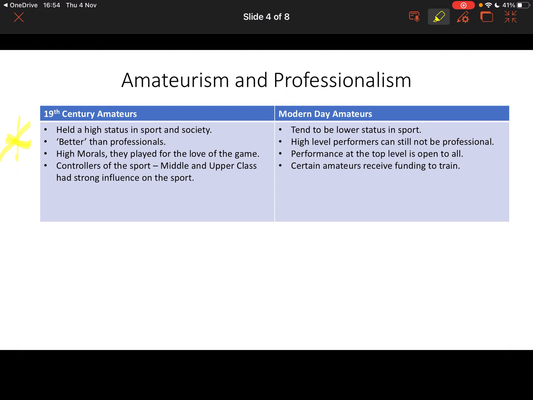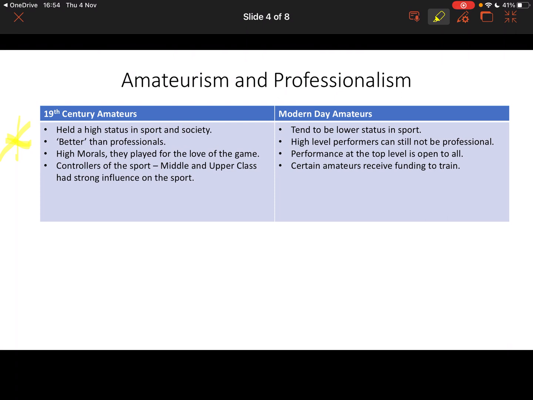The amateurs were regarded as the highest standard of performer in the 19th century, so they were better than the professionals. And also the concept of amateurism in the 19th century is that they played sport for the love of the game. So they played sport to a high moral code.